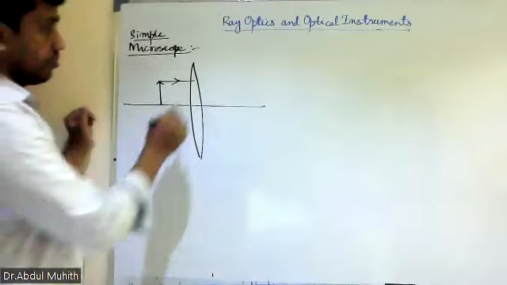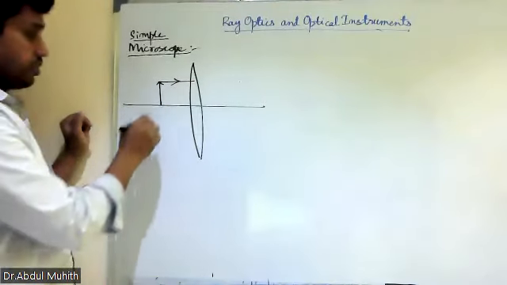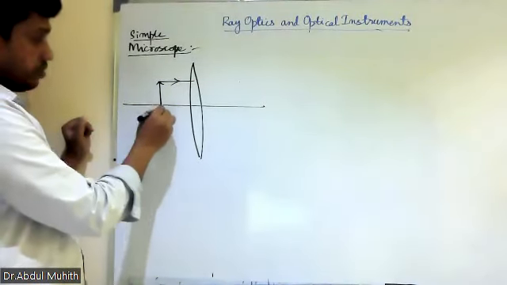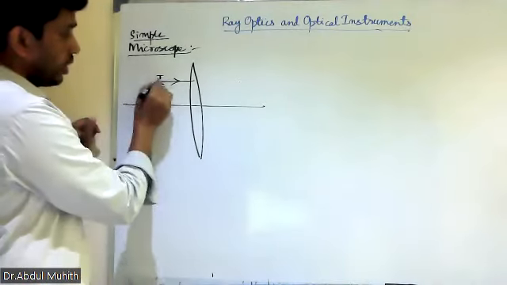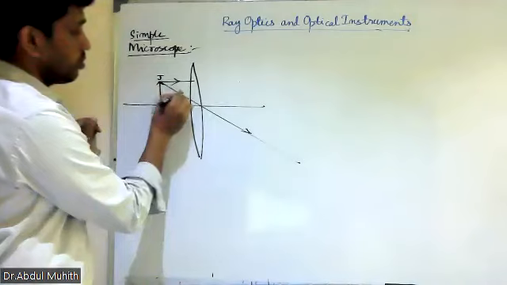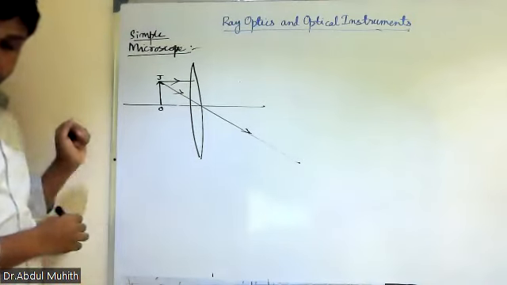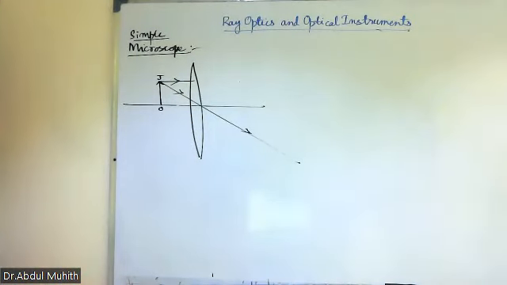This is the object. There is an object which we are placing. OJ is the object. There are two rays. A ray which is passing through the optical center goes undeviated.